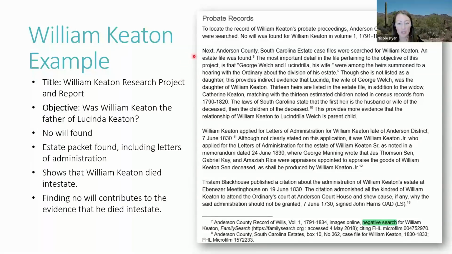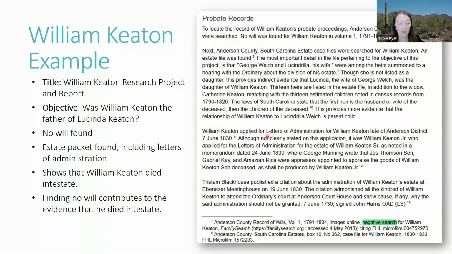And then I searched for South Carolina Anderson County estate case files, and this was a positive finding. Although it's not a will, it's a similar type of record, and it shows evidence that he died intestate. So it's really important to show both the negative search and the positive finding, because they go hand in hand to show that he had no will, and then he did have an estate file where he had letters of administration.